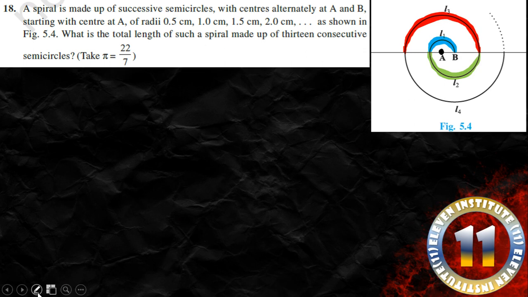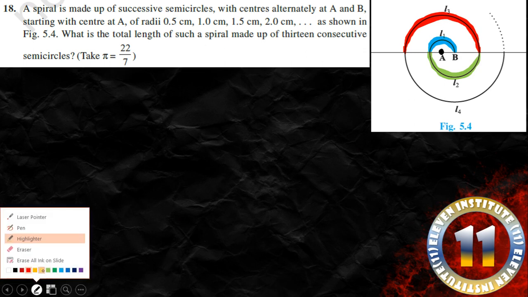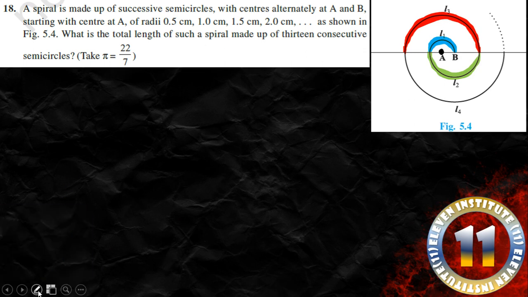Now understand this fact. What is the formula of the circumference of a circle? The formula is 2 pi r.